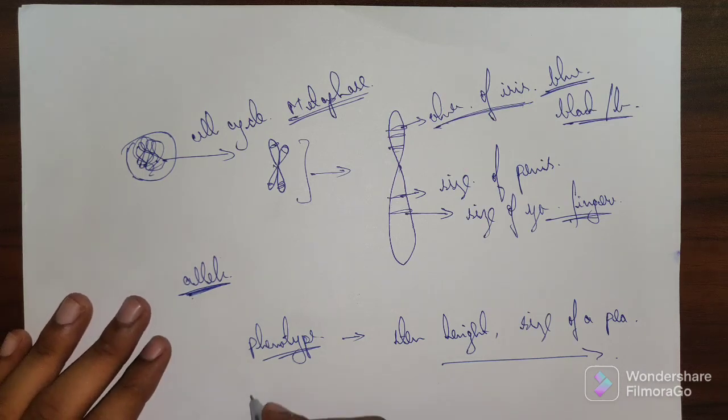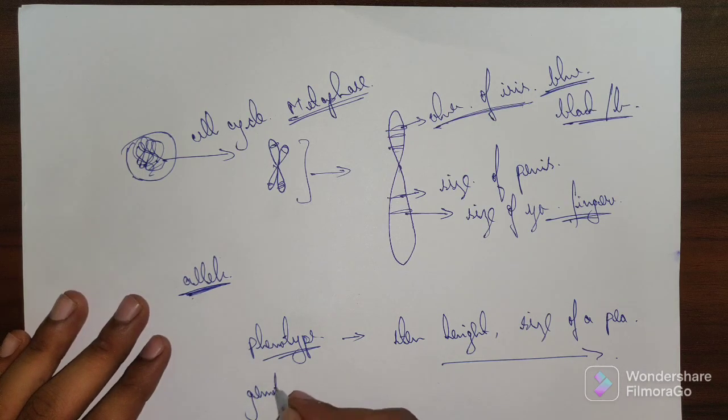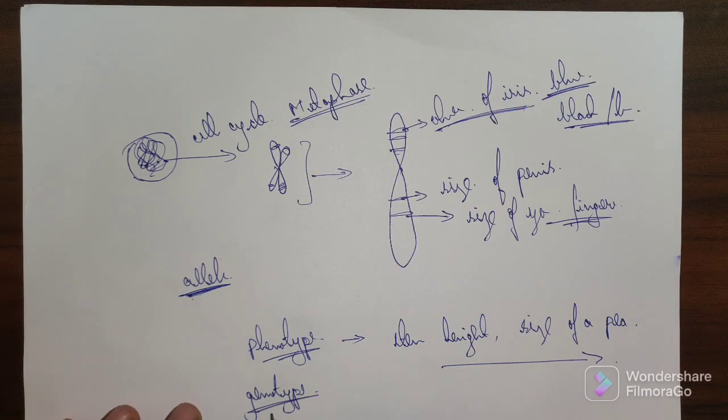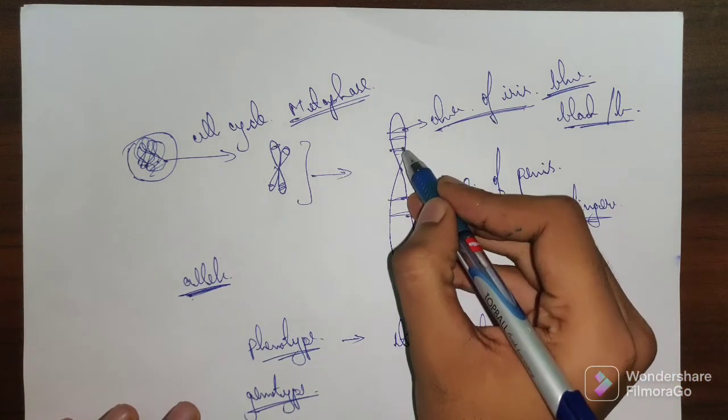The next would be genotype. This is a term for what we cannot see with our naked eyes. It is determined by the genes on the chromosome.